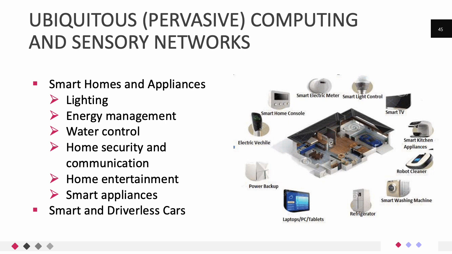Smart and driverless cars are like robots on wheels. They can sense everything around them, drive by themselves, and help to avoid accidents. So all this technology is about making our life safer, more convenient, and fun at the same time.